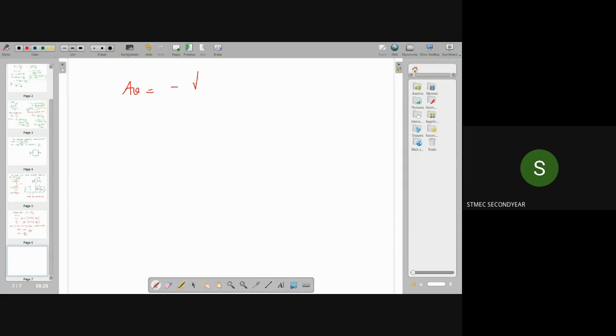That is minus root of 2 into mu n into COX into W by L 1, for the first transistor, into ID1, divided by root of 2 into mu n into COX into W by L 2, for the second transistor, into ID2.